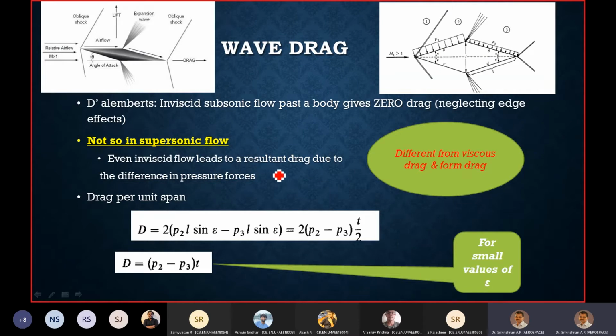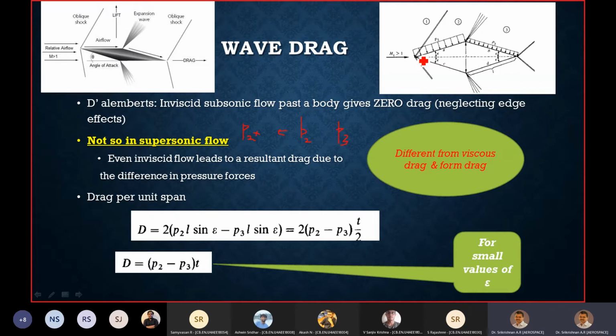Where is that force coming from? It's because of the pressures P2 and P3. What is the force acting because of P2? P2 gives a force F2, which is equal to P2 multiplied by the projected area.